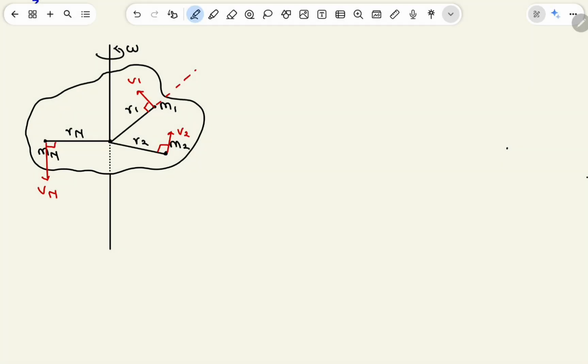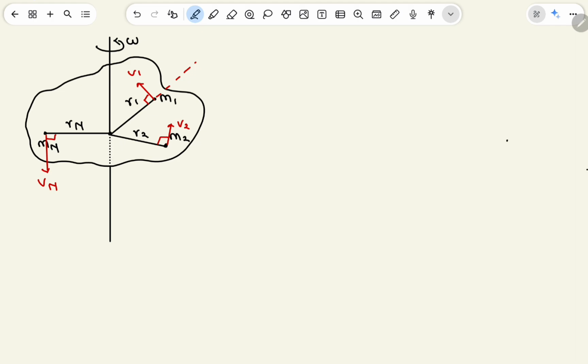Okay, so let's start with the derivation for the formula for angular momentum of a rigid rotating body. For that, on the left hand side of the screen, I have considered a rigid rotating body, and I have pointed out some point masses on it. So we have mass m1, mass m2, and mass mn, and the distances of those masses from the axis of rotation of the rigid body are nothing but r1, r2, and so on up to rn respectively.